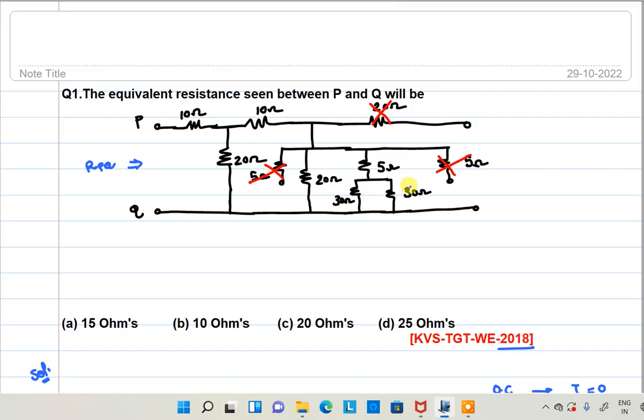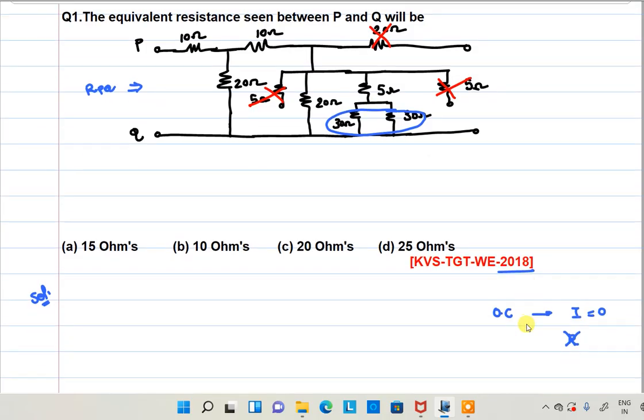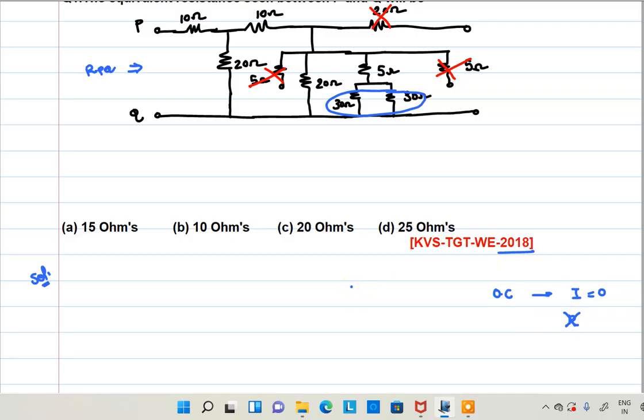These two are parallel, right? I am going to give you one shortcut. Whenever equal resistances are connected in parallel, one of the resistances divided by 2 is the total resistance. So here 30 and 30 are equal resistances in parallel. So 30 by 2, 15 ohms is the value here. This 15 ohms in series with the 5 is equal to 20.